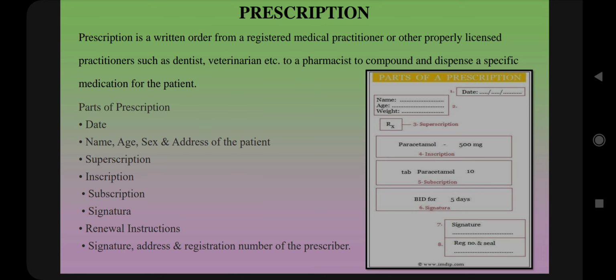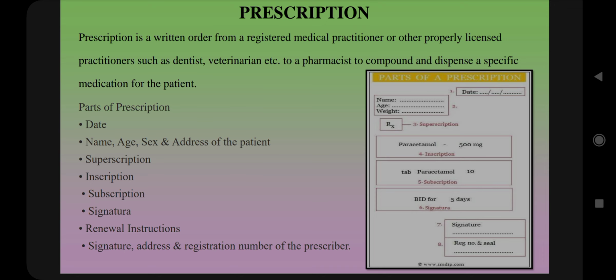Then third is the Rx, that is the superscription. Where the doctor, or we can say physician, is prescribing any medicines, like here the physician has mentioned paracetamol, that comes under the inscription, that is 500 mg.